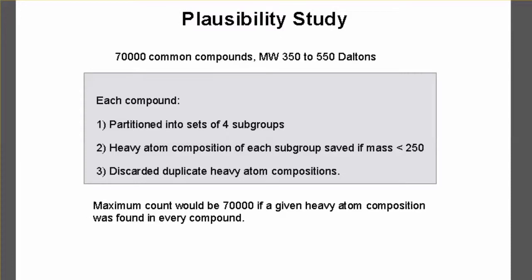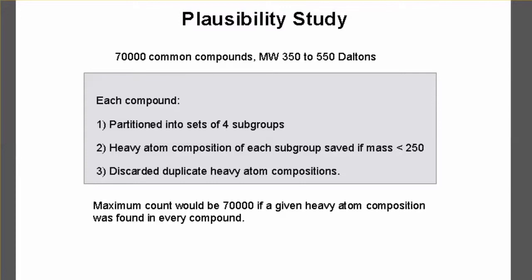So basically, to get some idea, 70,000 common compounds in the molecular weight range between 350 and 550 were partitioned through systematic bond disconnection into sets of 4 subgroups.